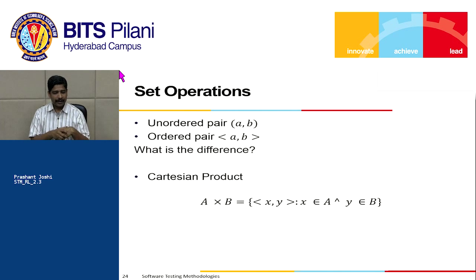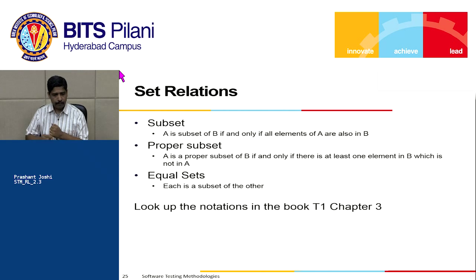The other piece is about representing an unordered pair and an ordered pair. Do you remember somewhere where we looked at ordered pair and unordered pair? Something to do with permutations and combinations? Yes, in set operations as well, we can do that. Set relations: we have subsets. One set could be a subset of another set or a superset of another set.